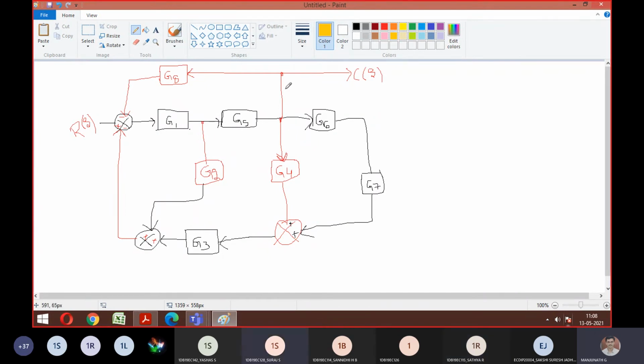Yes, sir. Okay. So how many feedback paths then? 4. So output to input. What I'm tracing, just look at this. Is it what you're telling? Output to input is 1.